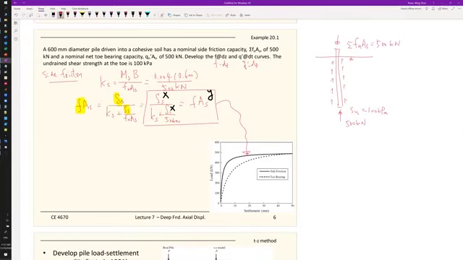And also we can do a similar exercise for the toe bearing. The toe bearing requires a term called E25. So according to the method we discussed above, it equals 825 times the Su value, the undrained shear strength of the clay at the bottom, which is given as 100 kilopascal.